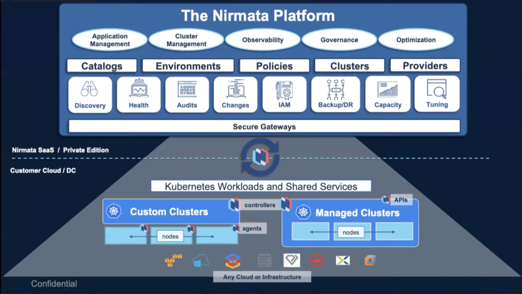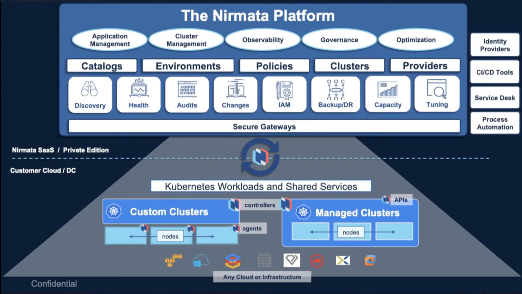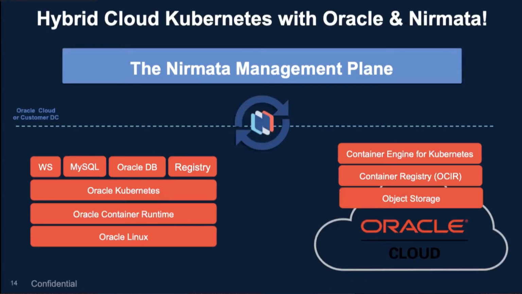Those could be cloud or on-prem, and in these clusters we deploy a Nirmata controller, which securely talks back to the Nirmata management plane, and that's how, through that controller, Nirmata can interact with clusters, provision, deploy applications, enforce and ensure compliance, enable access control, as well as provide visibility and monitoring for your applications.